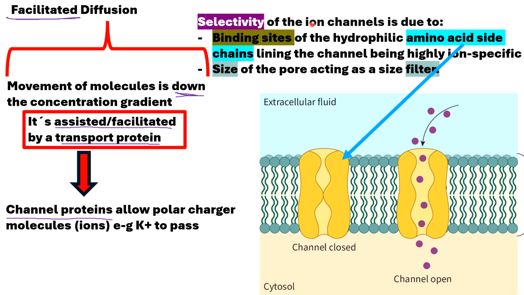This is thanks to the binding sites of the hydrophilic amino acid side chains that they have. So these chains on the sides, which are hydrophilic, have binding sites to detect certain ions, and either let them pass or not let them pass. And they also have that the size of their pore can act as a filter. So just make sure you note that down, because it's a bit hard to remember.